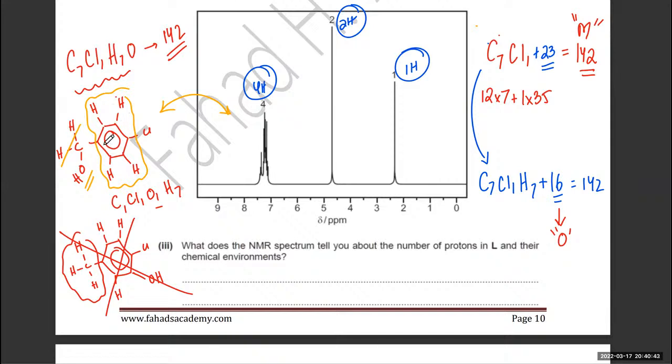This one exactly matches. This one is 4 hydrogens in the same environment, 2 hydrogens in the same environment, CH2, and then there's an OH hydrogen. Then there could be other arrangements as well. Let's try to draw some other isomers that fit this NMR spectrum. So maybe you've got an OH here, and the 7th carbon atom had a Cl over here, and then there were 4 hydrogens.